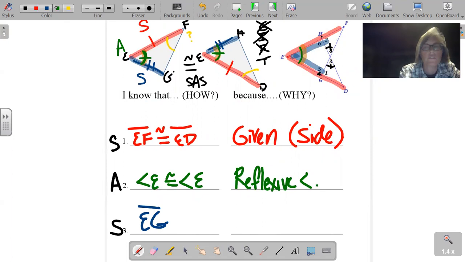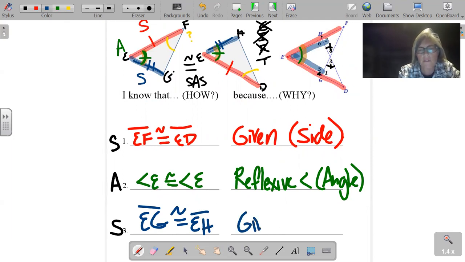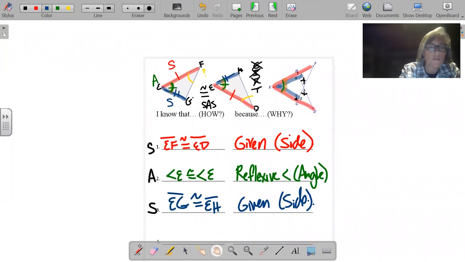And oh, reflexive angle, there's your angle. Let's see, EG is congruent to EH. That is given. There's your side. Now you can say the entire triangles are equal.